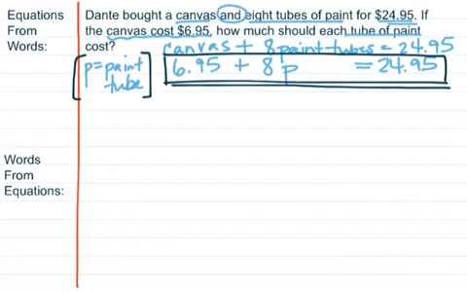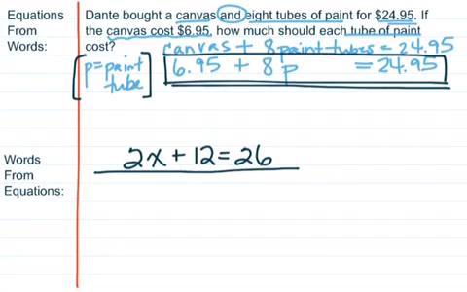Okay, so next, here is our equation. Given an equation like this, which is 2x plus 12 equals 26, if I was asked to write a word problem based on that equation, there are many different scenarios I could come up with. Since we just finished our geometry unit, I'm going to talk about perimeter, because I know that 2 times, let's see, again defining my variable, x is the length of a rectangle.